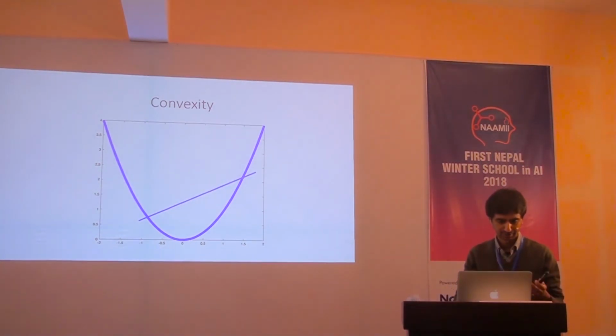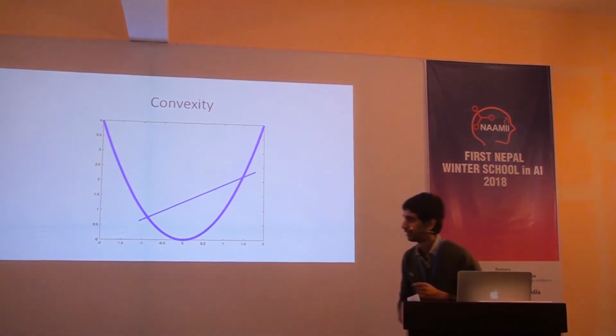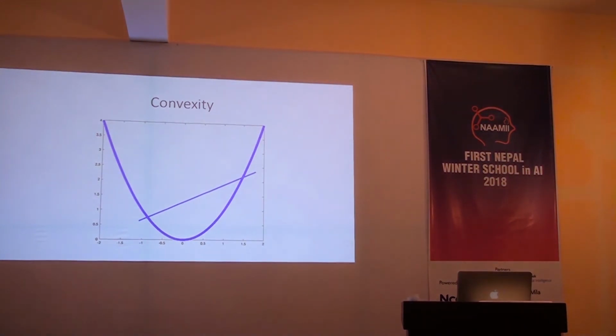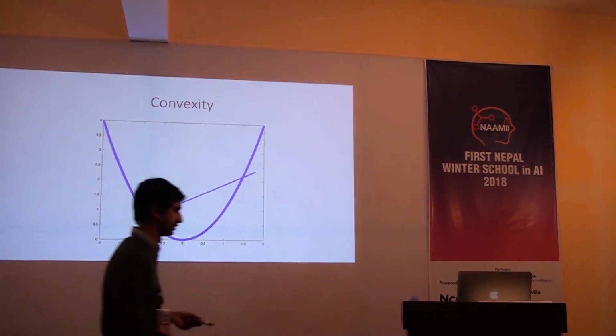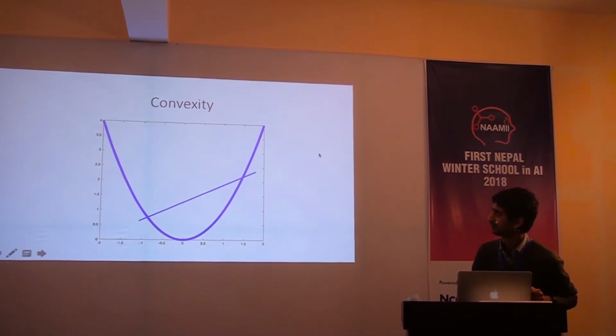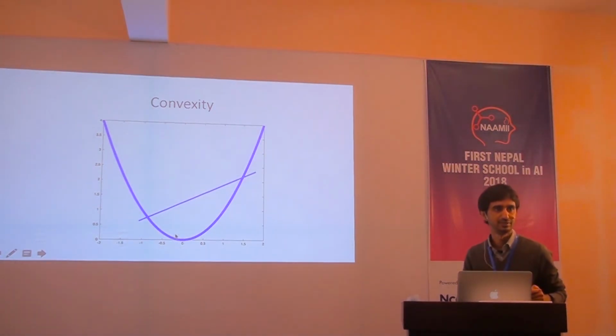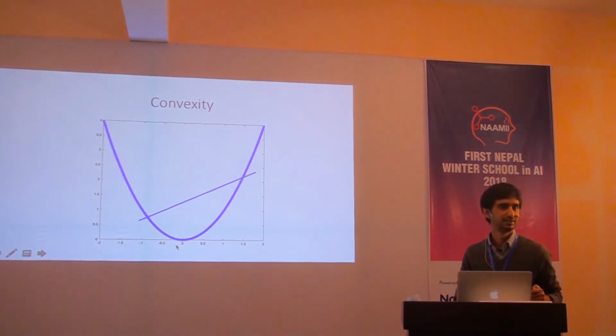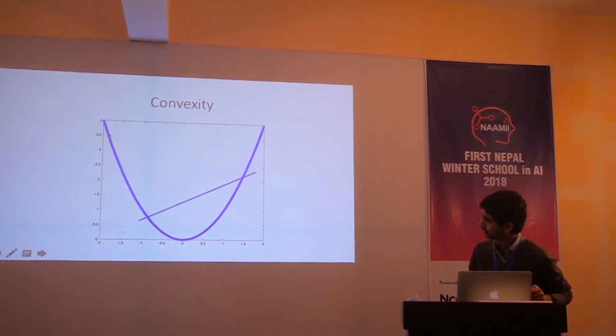There are other kinds of functions which are good to optimize, which have a shape somewhat like this, for example. It has only one minimum, right? It's y equals x squared. So if you do gradient descent, you're guaranteed that you will get to the solution. It has one more property.